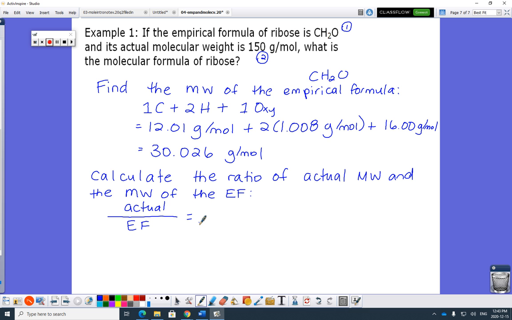When you do something like this, the units have to be the same. That's why we had to find the molecular weight.